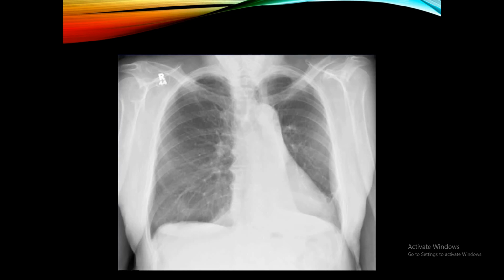If we put these points together: shifting of the mediastinum to the left and elevation of the left dome of the diaphragm, which are signs of loss of volume, plus retrocardiac triangular opacity or left double cardiac borders, we reach one conclusion: left lower lobe collapse.